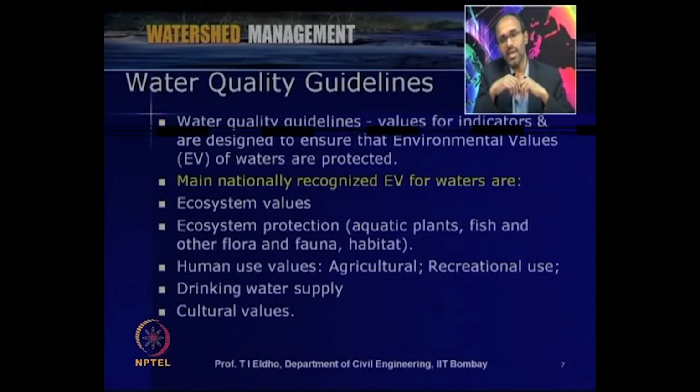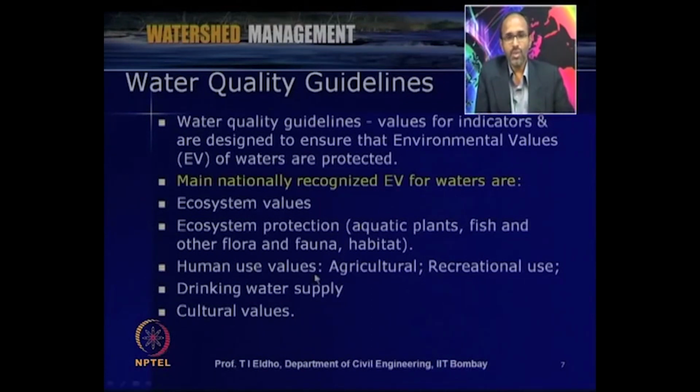We can come up with guidelines as far as aquatic plants, fishing, habitat, or the maintenance of rivers and lakes are concerned. We can come up with certain guidelines with respect to the specified environmental values.